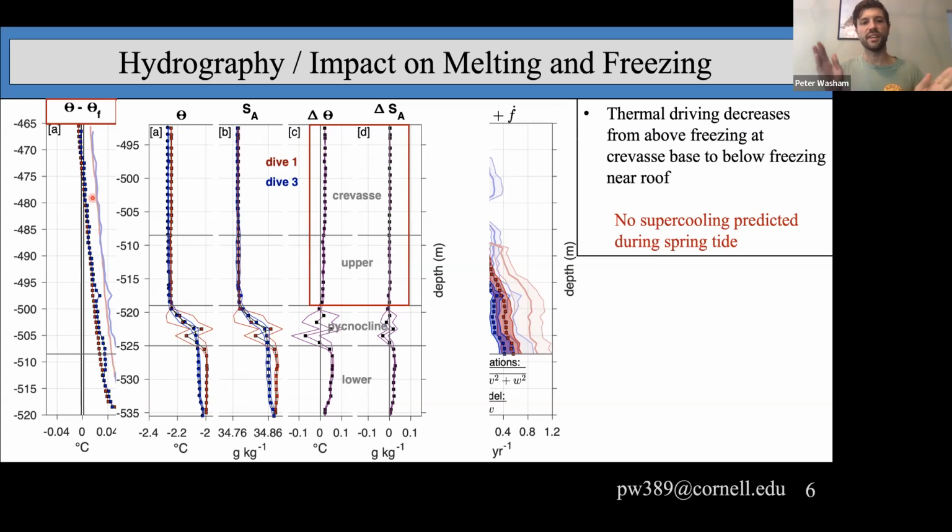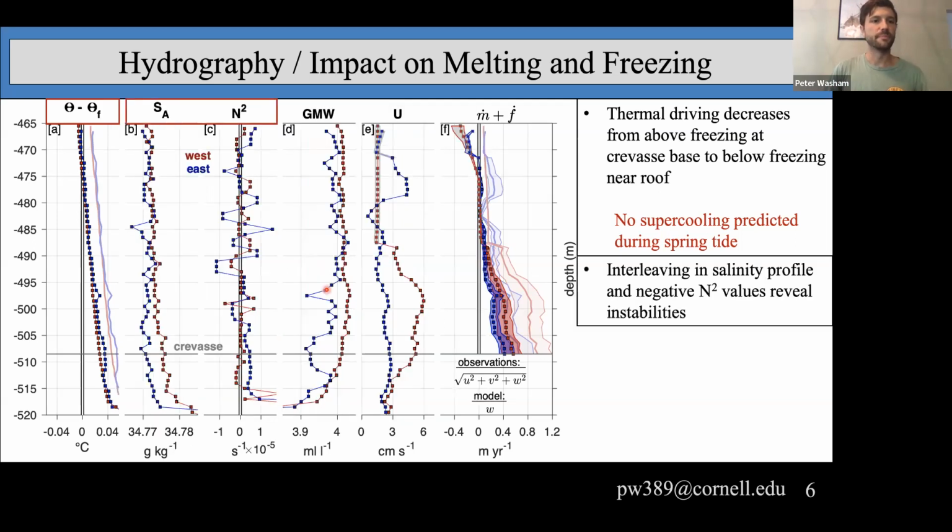So we took the dive in the crevasse at springtide and differenced it from the dive at neap tide over the depth range we got. And basically, it was warmer and saltier during springtide. So most likely you're melting all the way to the top of that crevasse during springtide.